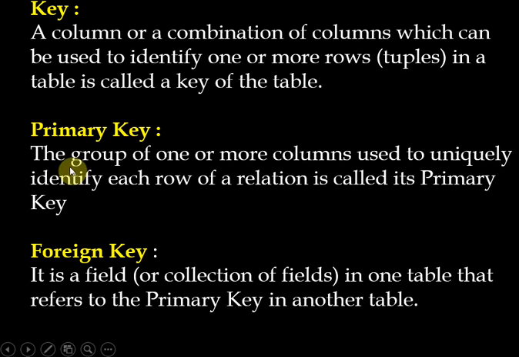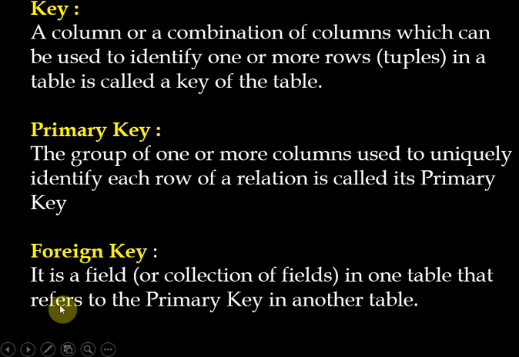Now look here, there are two keys: the primary key and the foreign key. The group of one or more columns used to uniquely identify each row of a relation is called a primary key. When you learn about relationships, at that time I will teach you what a primary key is and what a foreign key is, because to make a relationship between two tables you require a primary key and a foreign key.